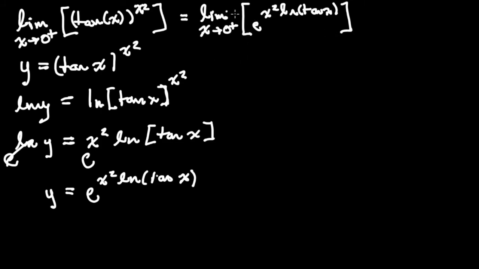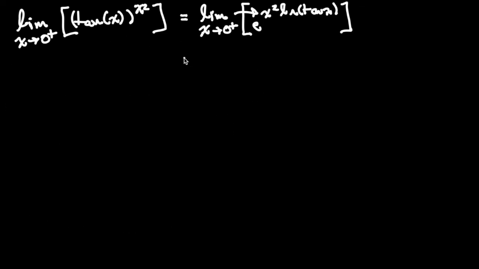And then our next step is to move that limit into the exponent position, which we can do because that's where our x's are, and our limit is just saying that the x is approaching 0, so this constant e is just going to stay as the base. I will clear up our board a bit here.